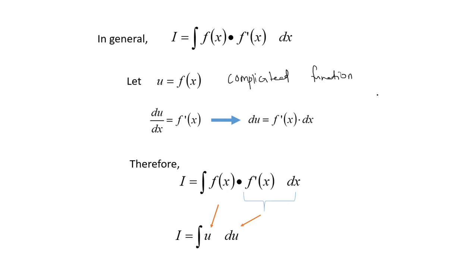Usually the function, for example, inside the bracket. Okay, for example you have the power 4, so it's very hard to expand. So therefore we let the function inside here be u, for example. Or say you have a square root of a function. So the function inside the square root we let be u. Okay, later we have an example.